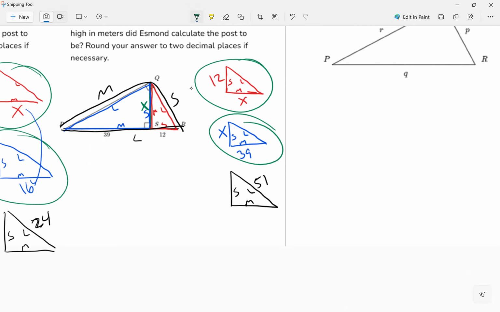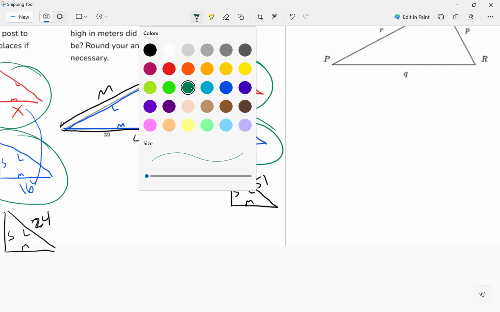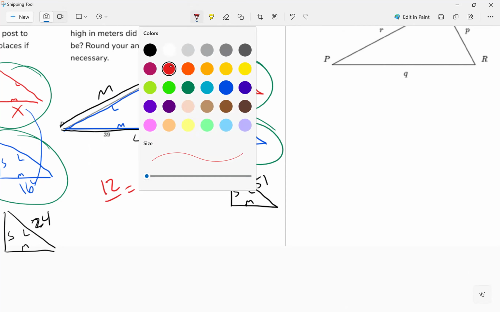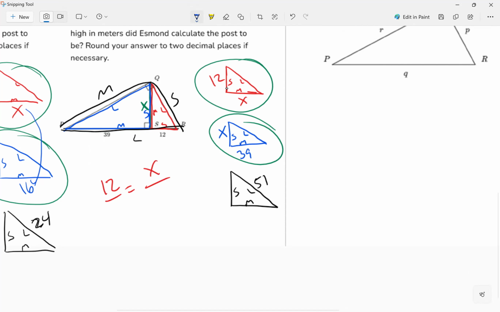From the red triangle, I'm going to use the measurements 12 and X. I know 12 is corresponding with X, and then X is corresponding with 39.